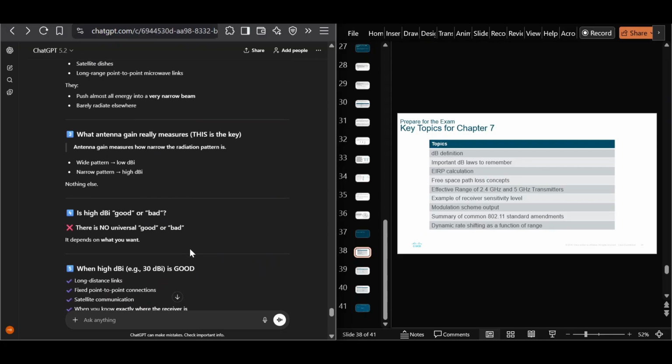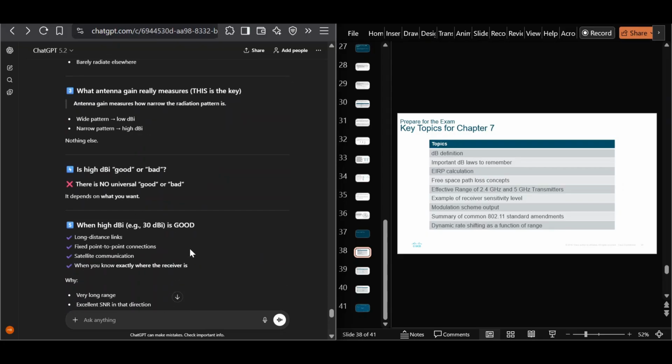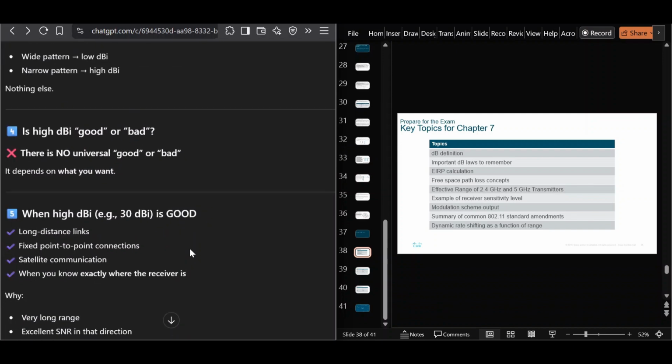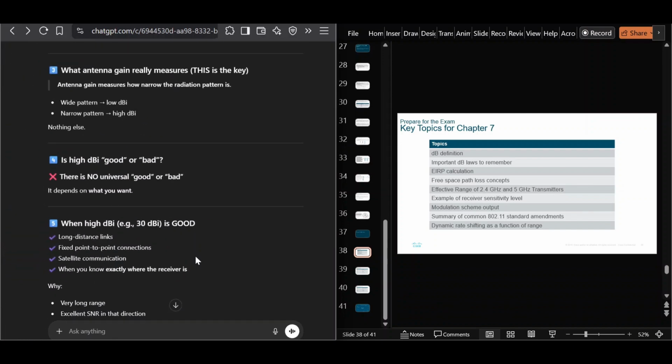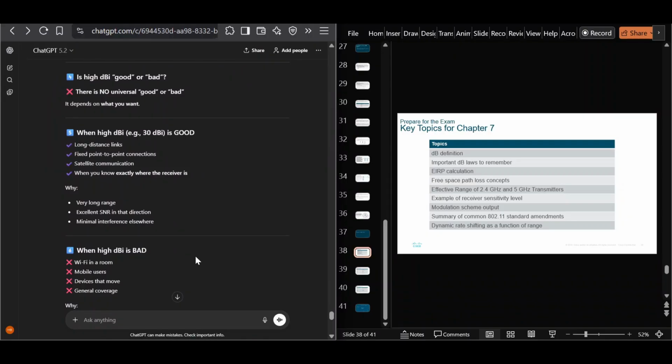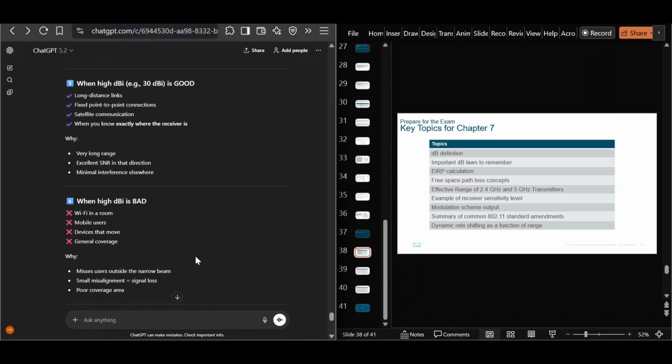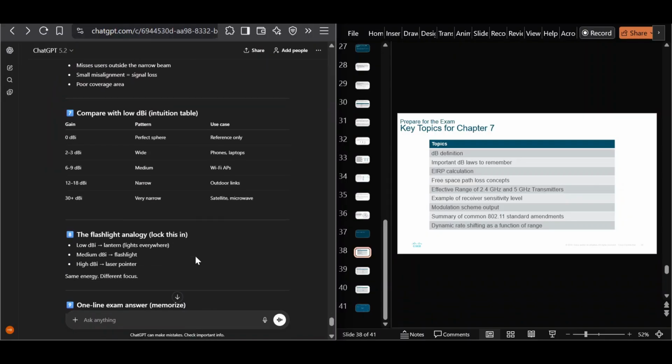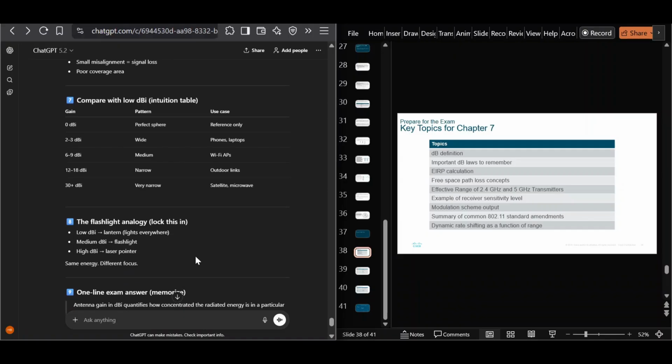High dBi suits long-distance links, satellites, and cameras when you know where they are. Mobile Wi-Fi devices need wide coverage: phones and laptops use low gain, while dishes are very narrow.